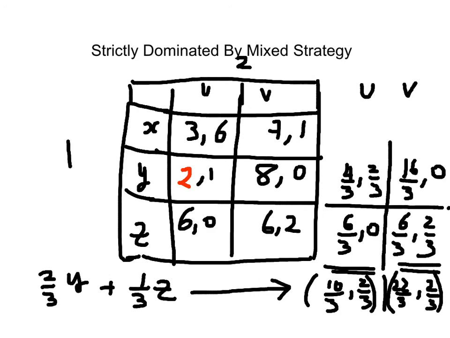The payoffs for player 1 are actually greater when you're playing strategy Y with probability of 2/3 and strategy Z with a probability of 1/3. So when you play the mixed strategy, right, you get higher payoffs than when you play strategy X, which means that X is strictly dominated by this mixed strategy here.